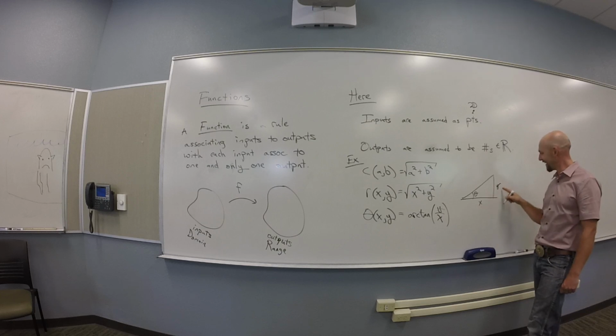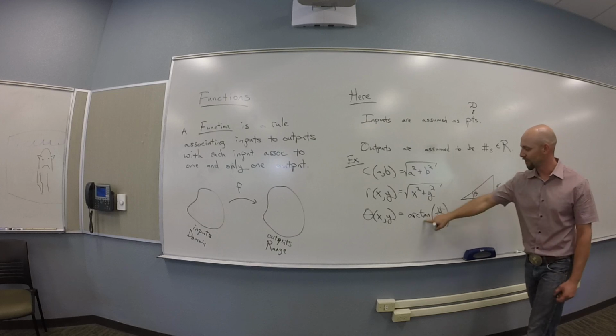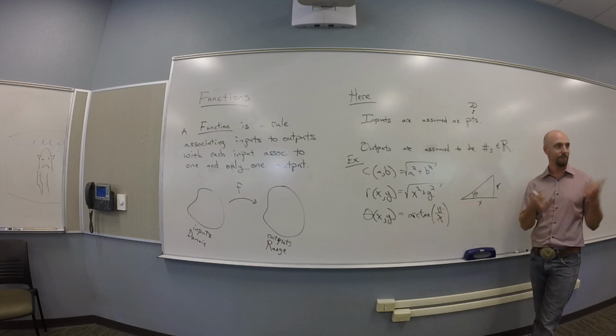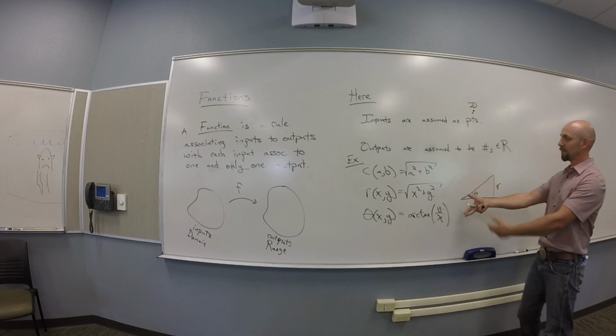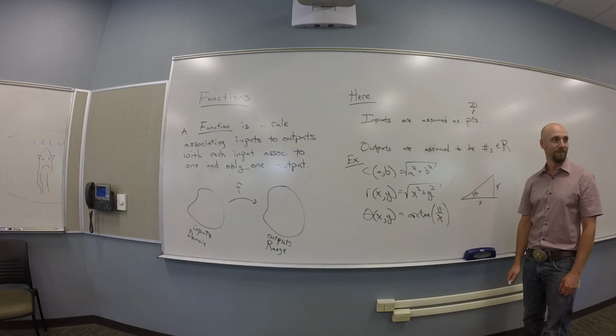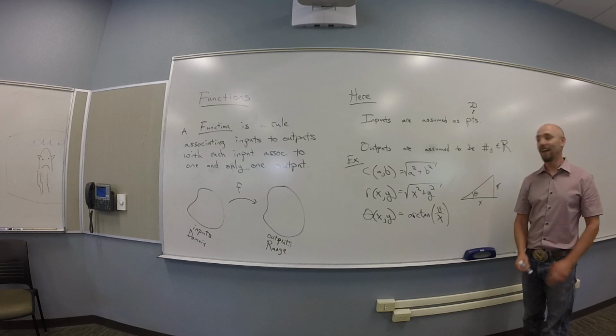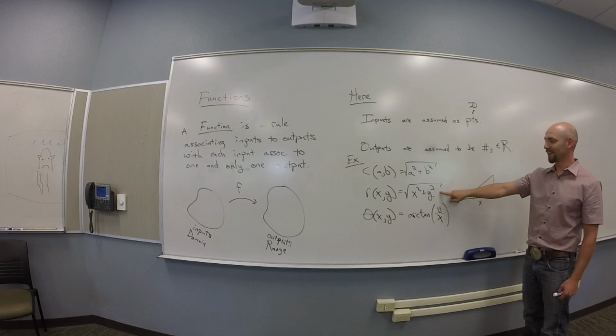Good trig review. So y over x, and I want to undo the tangent function, so I want arctangent of that. Cool. Look, you already knew 2 of these. Easy. Chill. Now, what does the graph of this one look like?